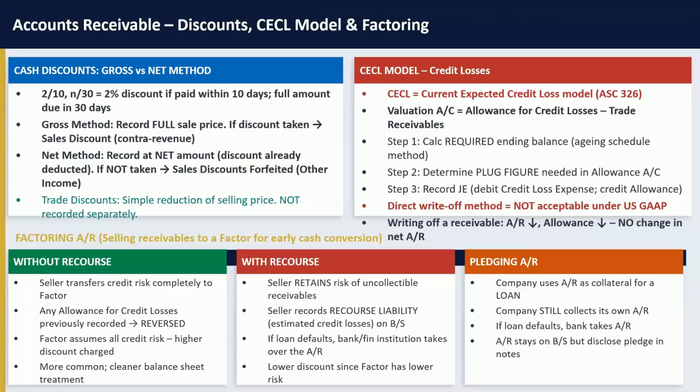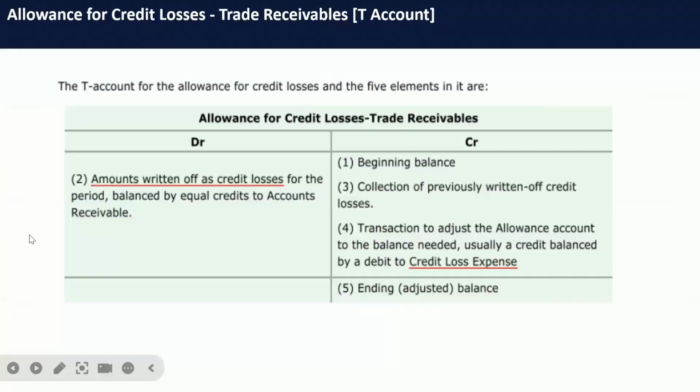Now comes the main concept, which is the CECL model. Before understanding the CECL model, we'll look into one of the formats. So now we came to know that we are not 100% sure we are receiving the complete accounts receivable. I should create some provision for accounts receivable that I don't receive.